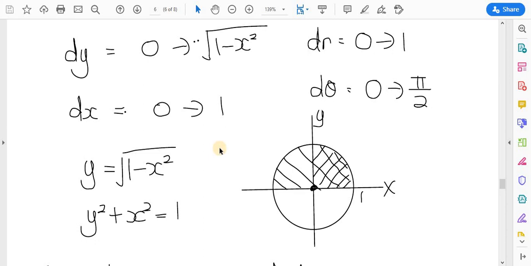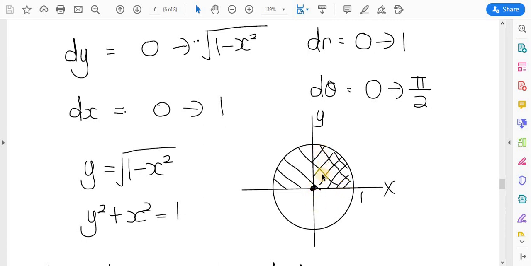Next, we move on to the x interval. The x interval is from 0 up to 1. So this is your x. x equals 0 is this line. So from 0 up to 1, it actually mentions this section.